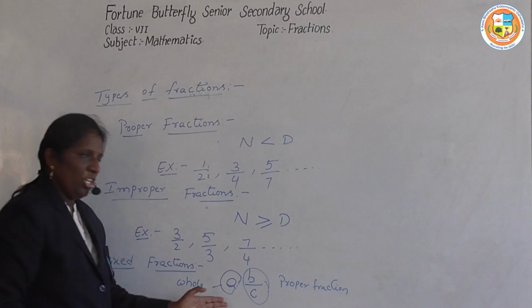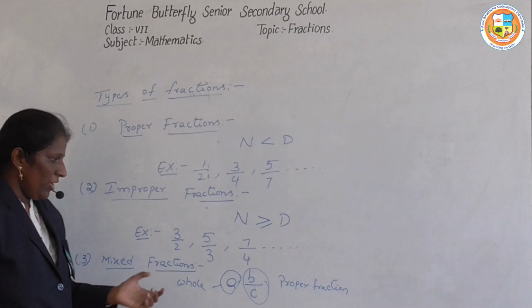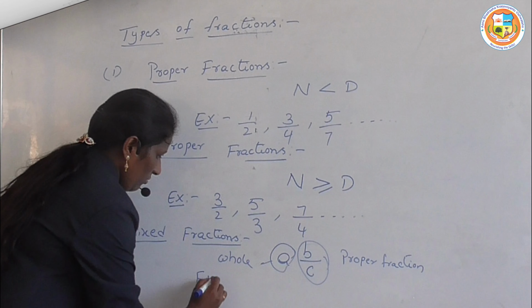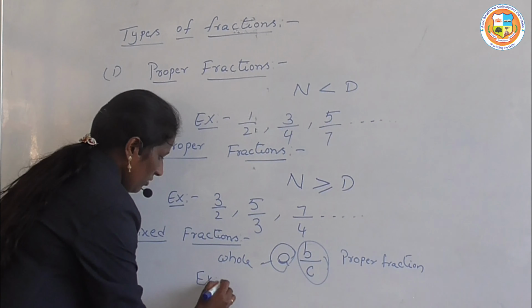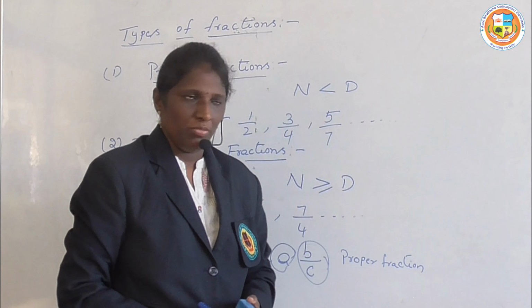These two combined are called a mixed fraction. For example, 5 2 by 3. This is an example of a mixed fraction. Every mixed fraction can be converted into an improper fraction and vice versa.